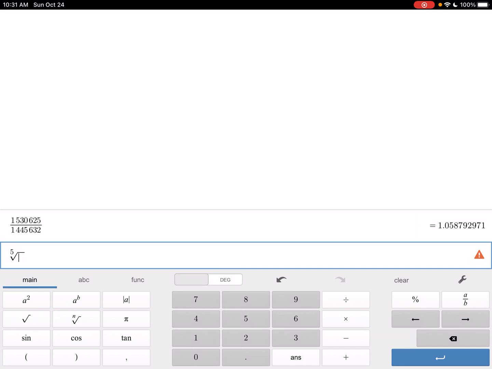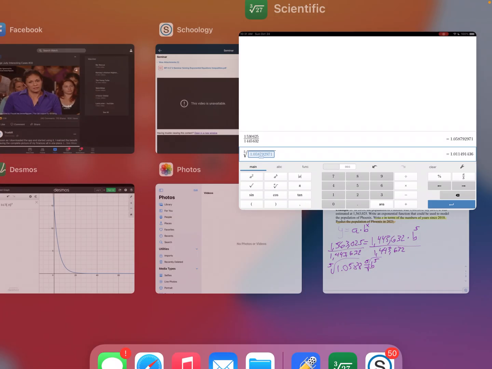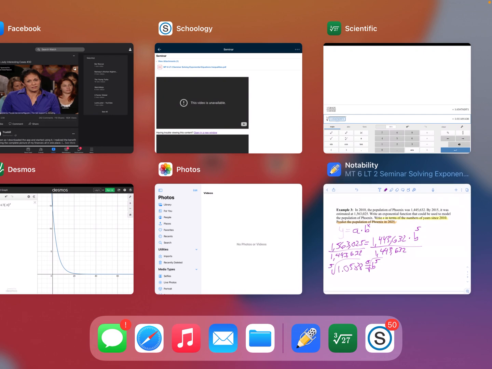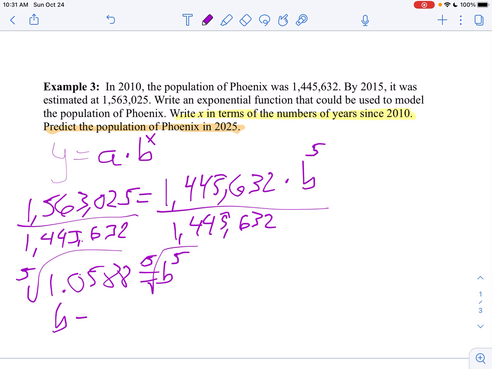Then I'm going to take the 5th root of 1.0588, which I'm going to just type in as answer. And notice that gives me 1.011. I'll go out 3 decimal places. So in other words, b is 1.011. So now I can write my equation.